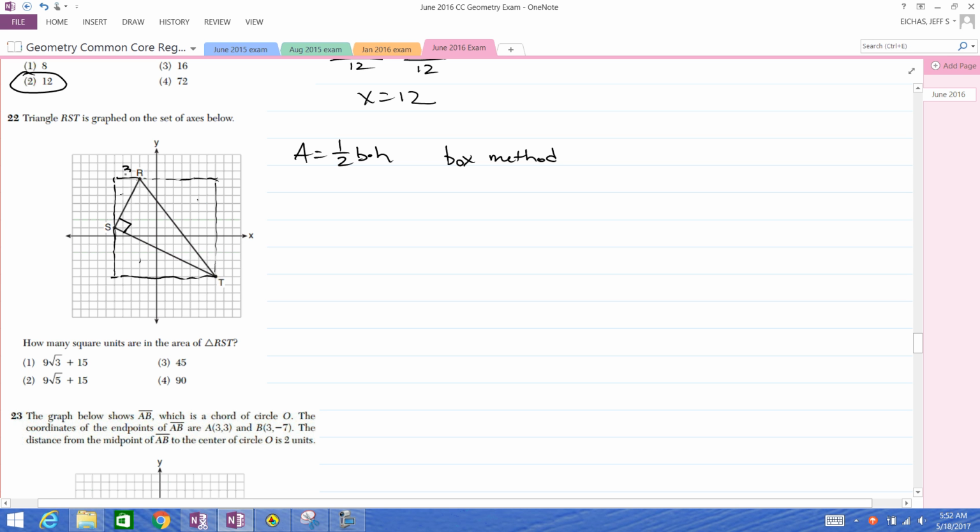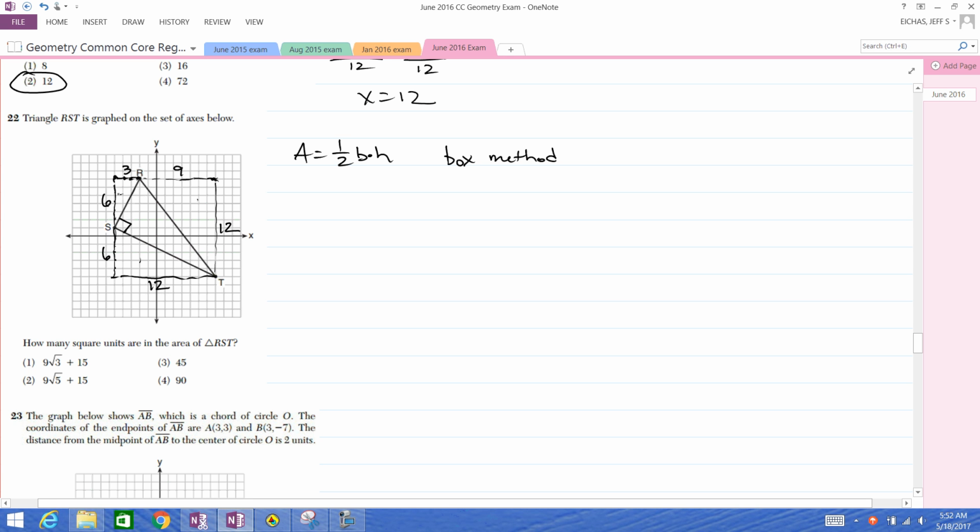So we just have to count from here to here is 3. From here to here, if we count, is 9. Count those squares, 12. 12 across as well, so it's a square. This happens to be 6. This should be 6. Yep.